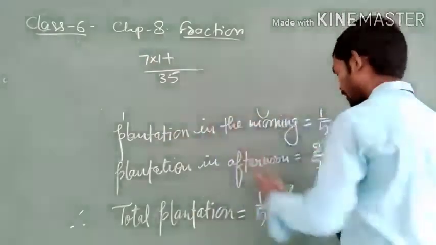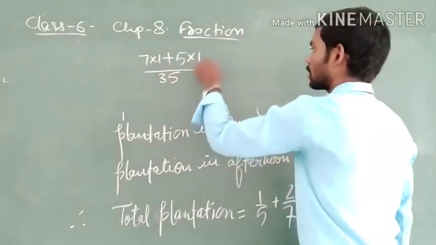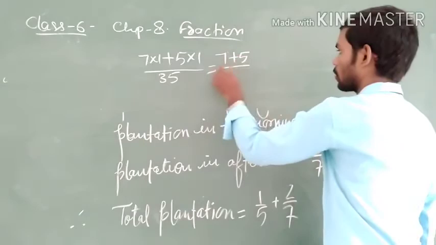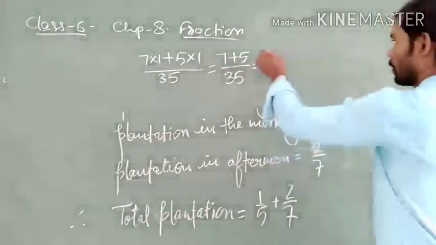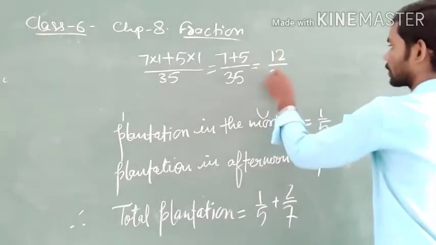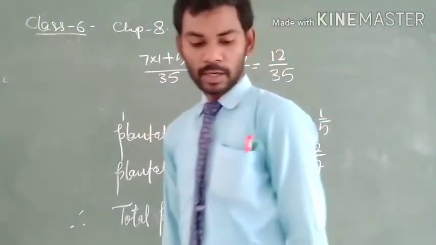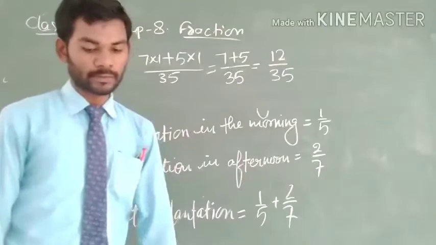Divide 35 by 7, you will get 5, so multiply 5 by 1, and here we get 7 plus 5 upon 35, which is equal to 12 upon 35. So the total plantation will be 12 upon 35.